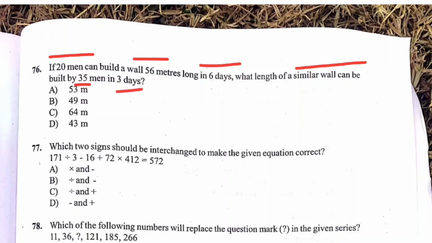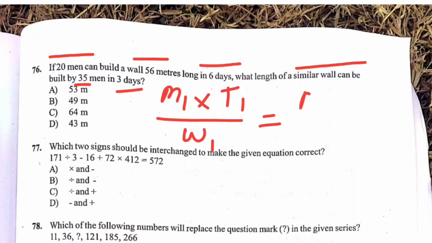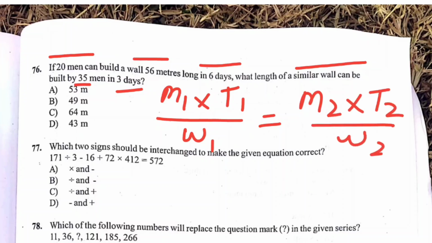So the formula we use here is M1 times T1 divided by W1 should be equal to M2 into T2 divided by W2, where M1 and M2 denote the number of men required to complete the task, T1 and T2 denote the number of days required, W1 denotes the length of wall in the first case and W2 denotes the length of wall in the second case.